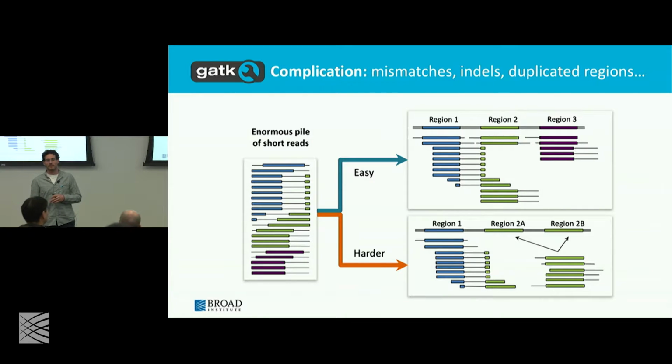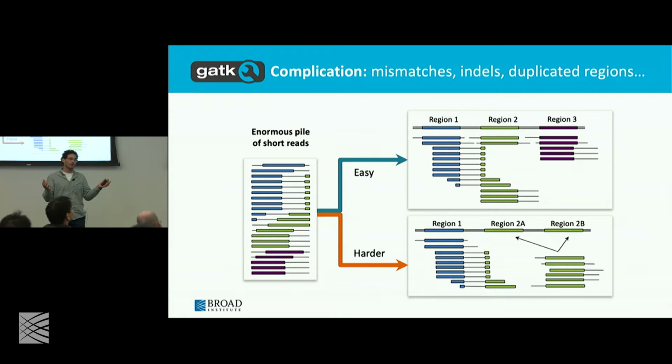So maybe it's some Alu or some other biological thing or who knows what. The reference is what it is. We don't control it. So if we have reads that come from here, the aligner has to decide where they go, even though they align well to both places.